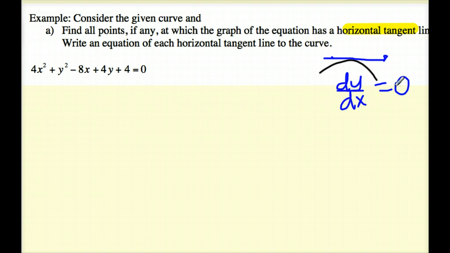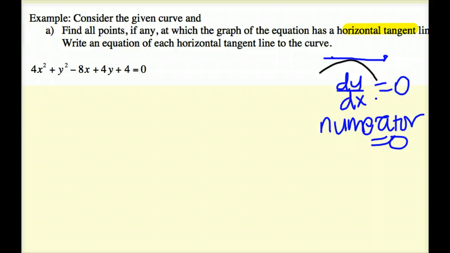As you've noticed, with lots of our implicit differentiation equations, we typically get fractions. Well, the only way to get a horizontal tangent line is if I set my numerator equal to 0. So let's go ahead and find our derivative and then set our numerator equal to 0.